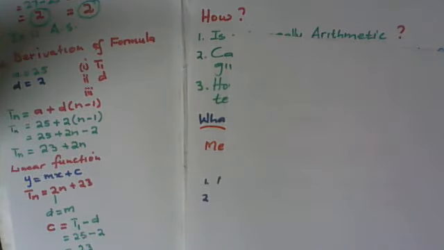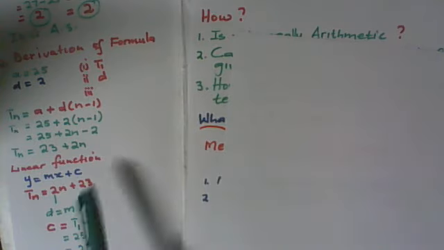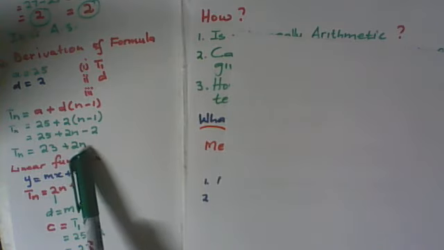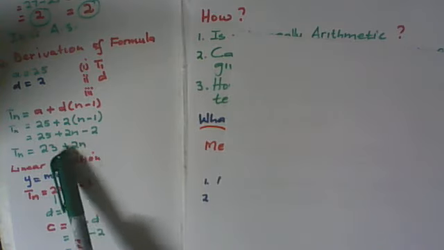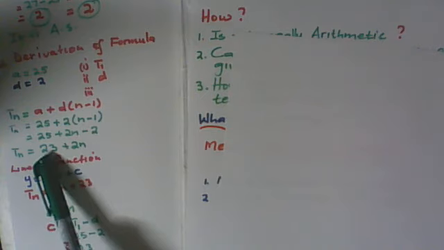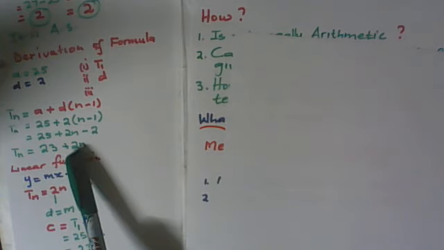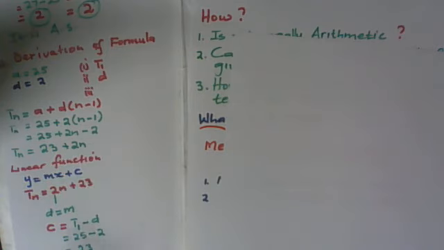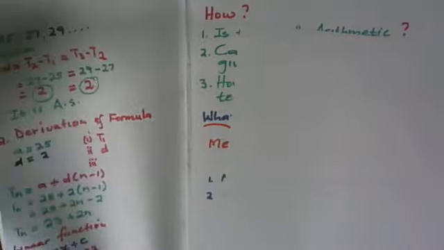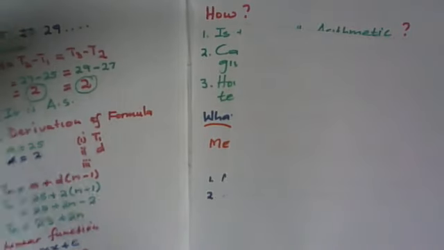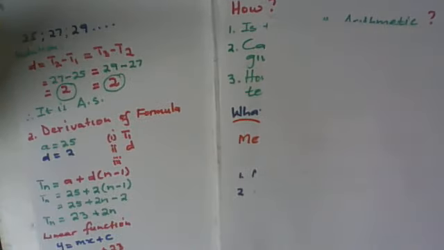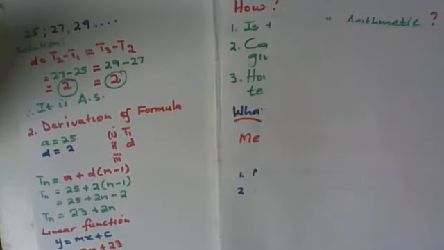If we substitute n by 1, that will be 2 plus 23. That gives us 25. Substitute by 2 is 2 by 2, that is 4, plus 23 is 27. And we know that our sequence is 25, 27, 29.